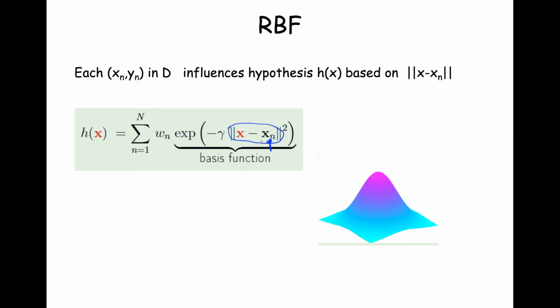And this parameter gamma then tells you how scrunched in this radial basis is, or how dispersed this radial basis function can be. And so here, each of our in-sample points is going to influence our hypothesis based on this radial distance, and it's the same in all directions, and it decays at the same rate in all directions.